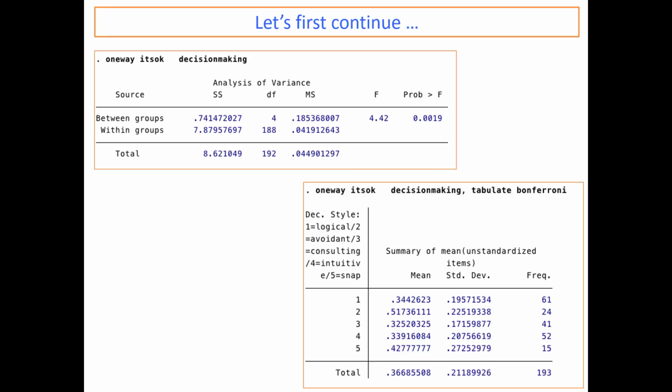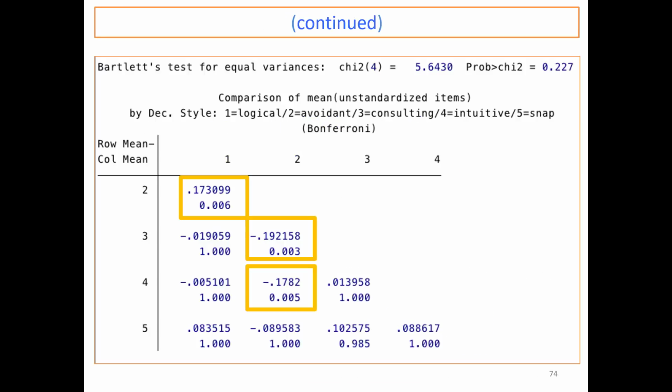We have means in different categories. So you do see here that there is 0.34, 33 and 34 over there, and 0.5 and 0.42 over there. So you might think here, just by looking at the means, well, if there is a difference here, then in all likelihood it is between 1, 3 and 4 and 2 and 5. That might be something that you could deduce from this, but you want to know if this is actually what's going on.